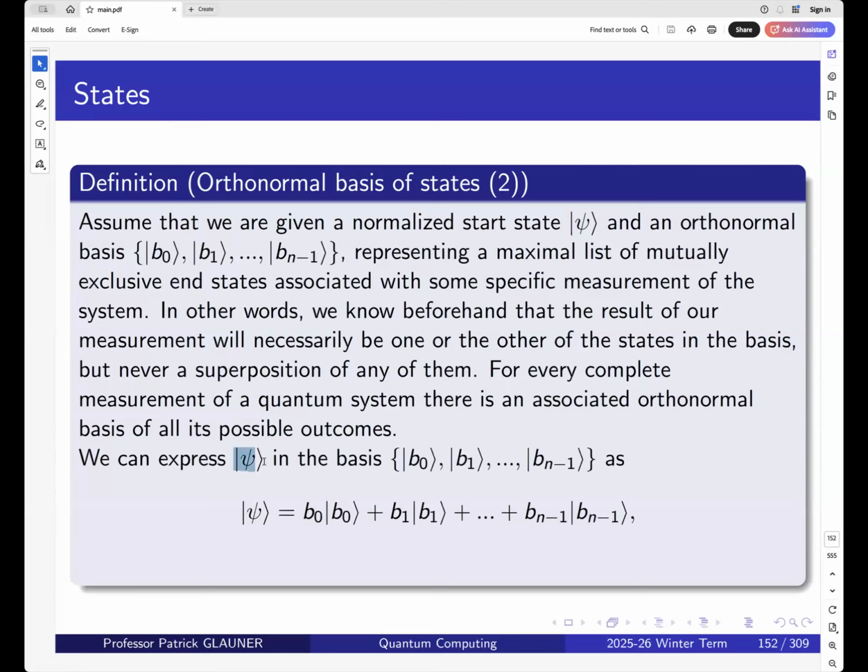And just again, from a generic perspective, our psi ket can be in a certain basis. The basis so far we assumed is probably the most simple basis we had, but you could have a different basis as well. And eventually you have these basis vectors, b0, b1 up to bn minus 1. And we build our psi ket as a linear combination using these basis vectors and the corresponding complex amplitudes.